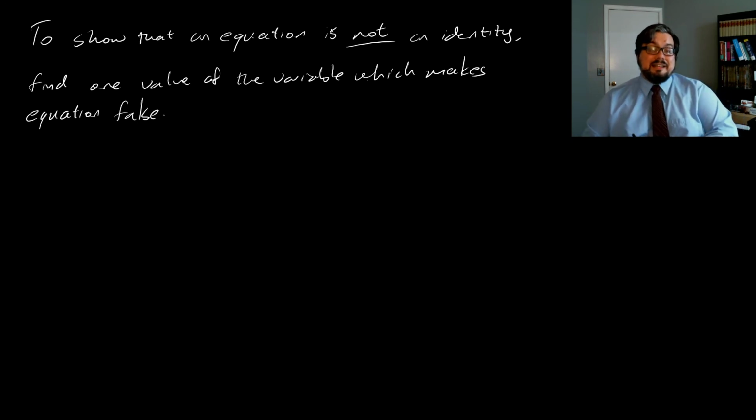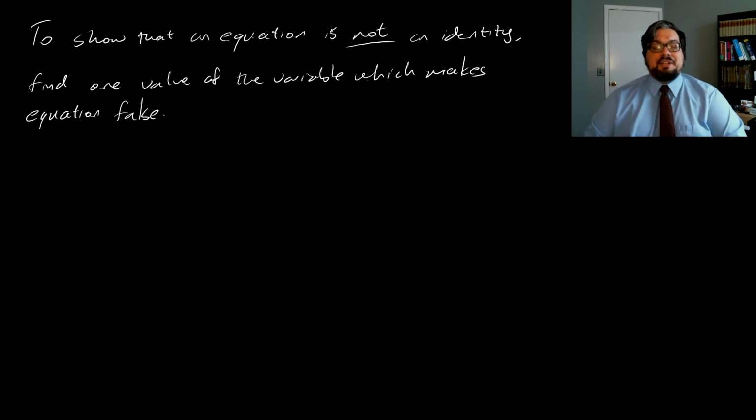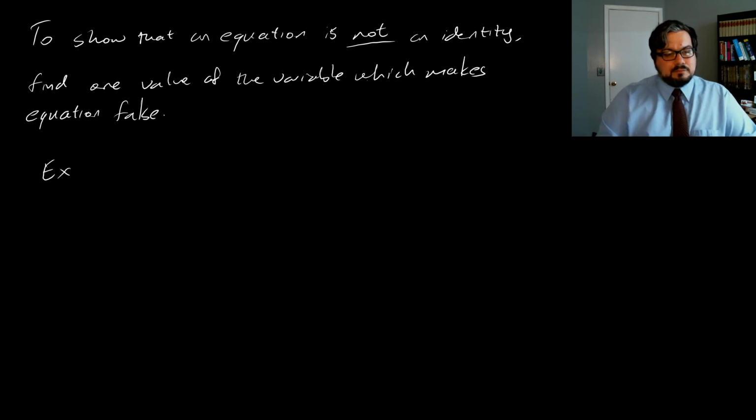Being an identity is a very, very strong condition. For an equation to be an identity, it must be true all the time, no matter what the values of the variables are. So, to show that something's not an identity, you simply have to find one value of the variable that makes the equation not true.